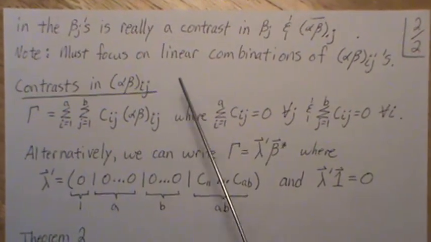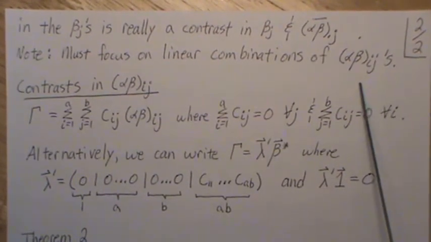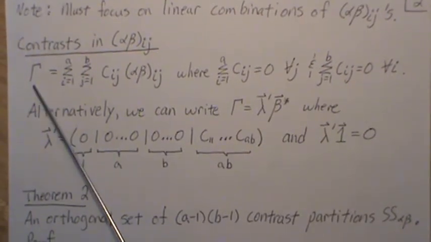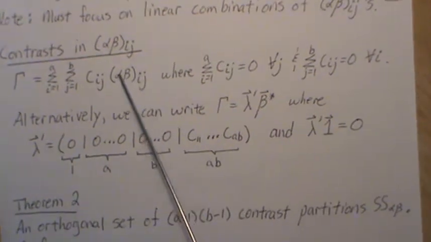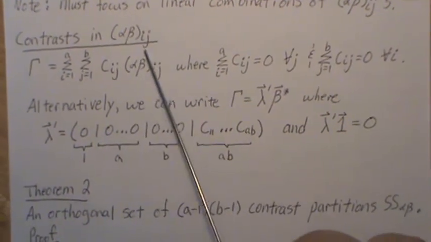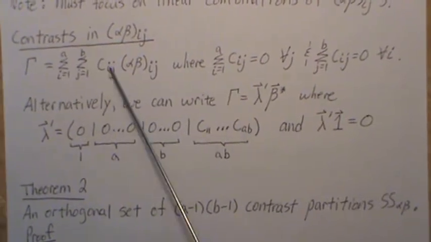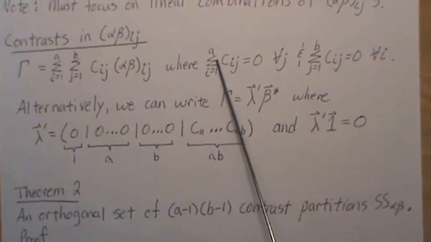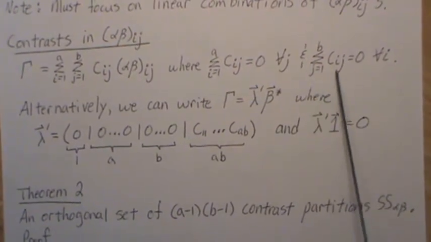So note, we must focus linear combinations on the interaction terms. So a contrast in the interaction terms is this. So it's gamma, which is equal to the double sum, a linear combination of all the interaction terms. The constants out here, for every j, if we sum over i, it's 0, and then for all i, if we sum over j, it's 0.